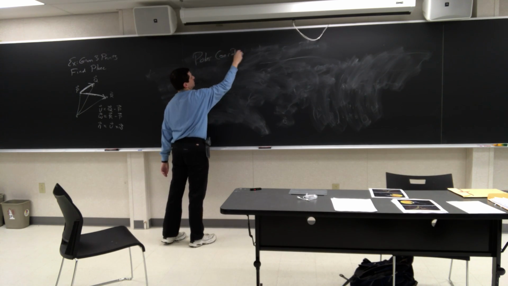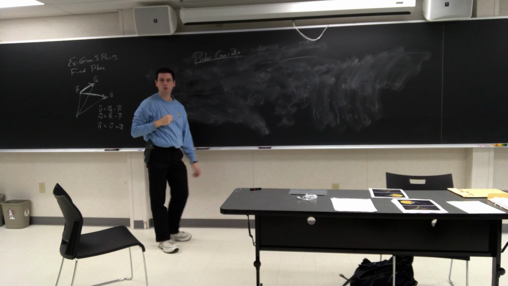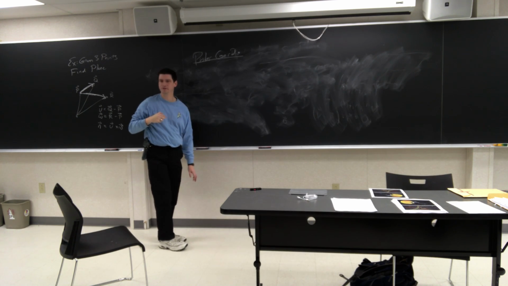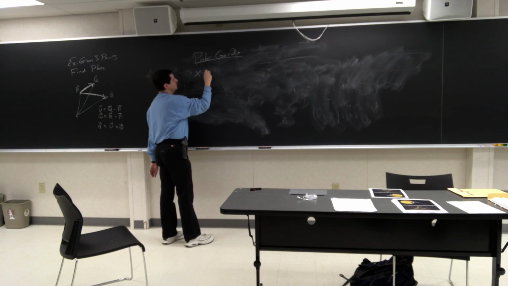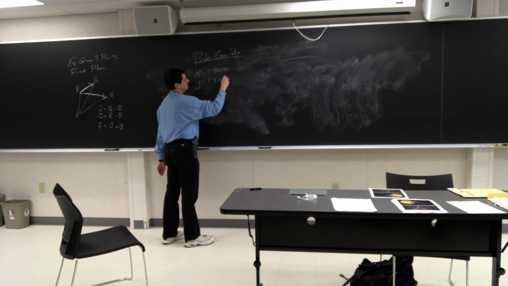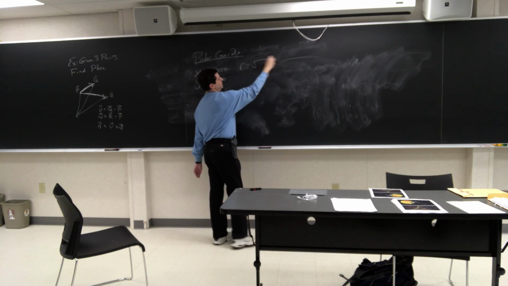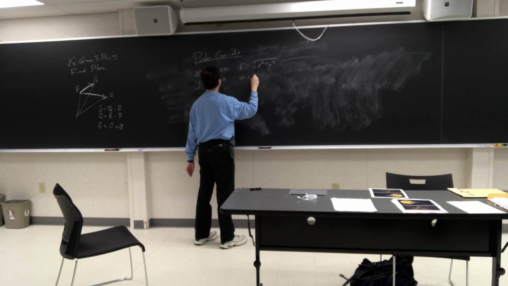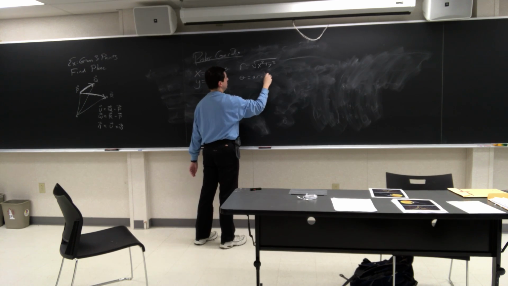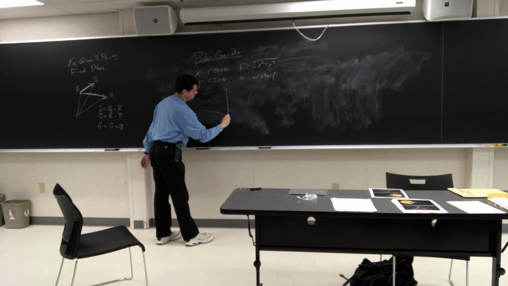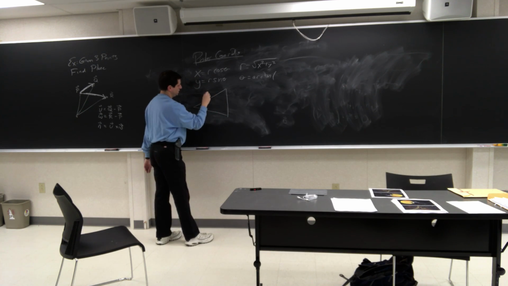Polar coordinates. So how many of you have seen polar coordinates before? How many of you have not seen polar coordinates? Okay, everyone, okay. So we have x is r cosine theta, y is r sine theta, r is the square root of x squared plus y squared, and theta is arctangent of, so here's r, here's x, here's y, here's theta.